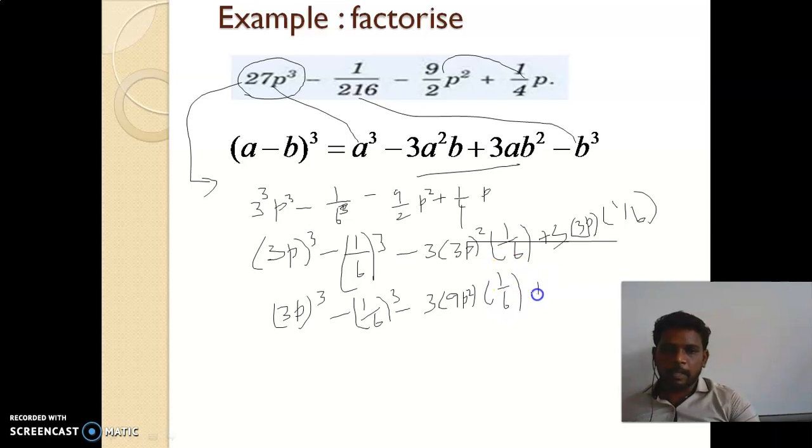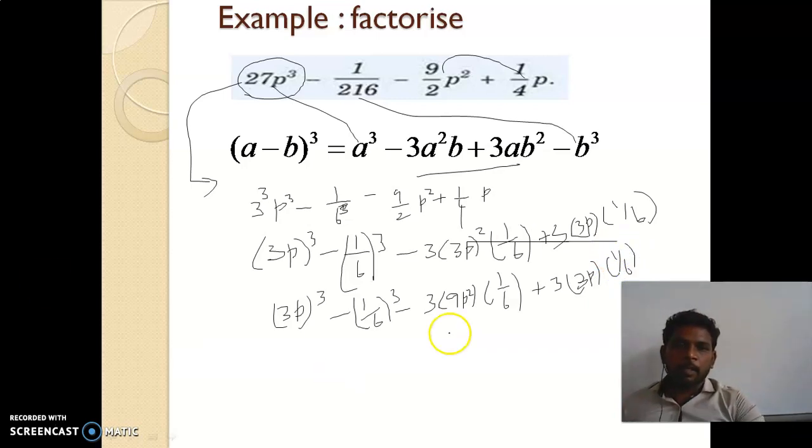And then plus here 3 into 3p into 1 by 6.